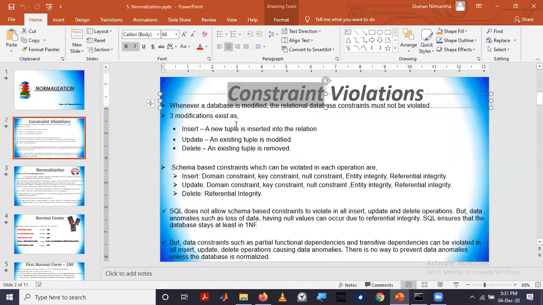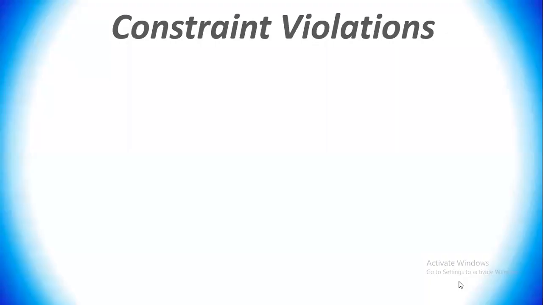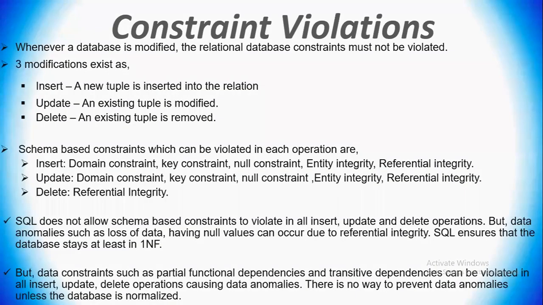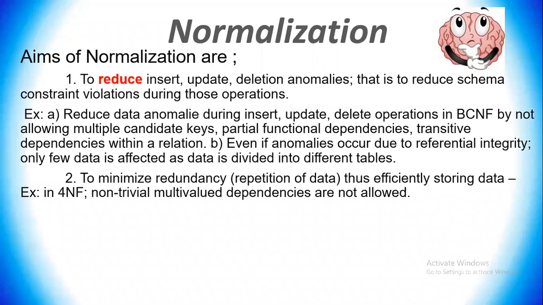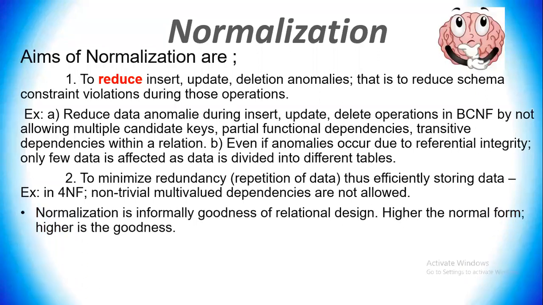So in normalization, even if an anomaly has occurred due to referential integrity, like that one, only a few data are affected as it is divided into different tables. So this is the aim of normalization: first, to reduce data anomalies, that means data constraint violations especially, and to reduce the repetition of data.